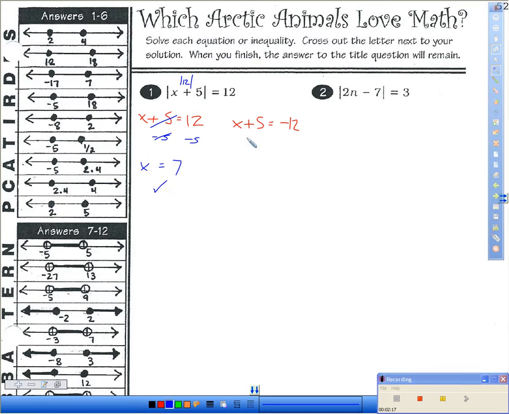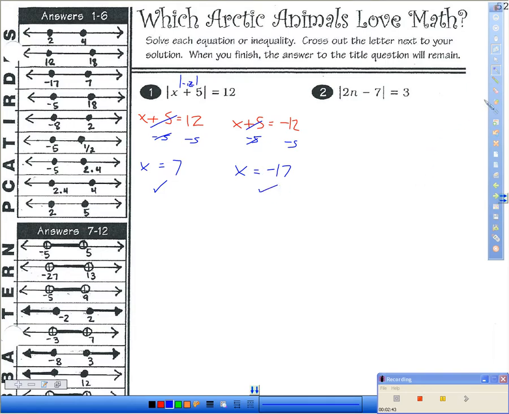We have x plus 5, so I need to subtract 5 from the left, subtract 5 from the right. 5 minus 5 cancels, so we end up with x equals negative 17. Well, if we put negative 17 into our absolute value equation, negative 17 plus 5 gives us negative 12. But the absolute value of negative 12 is still positive 12. So negative 17 works also.